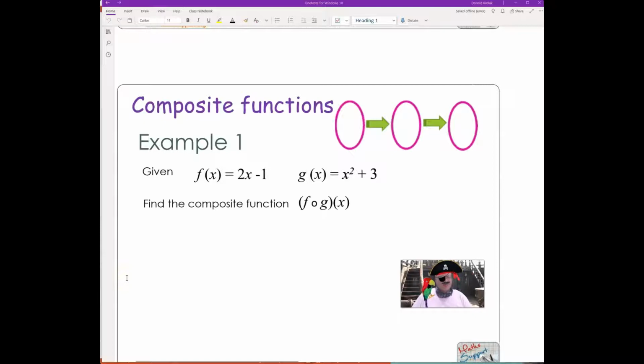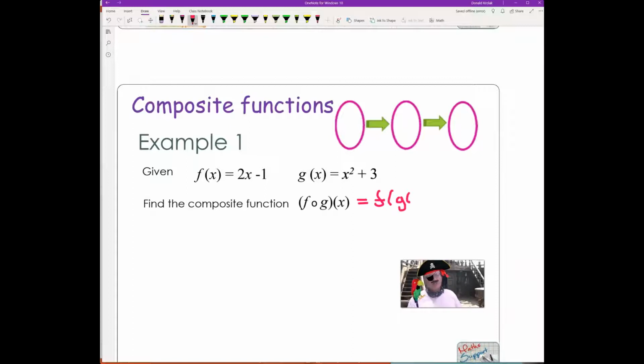Welcome back. Alrighty, let's take a look at how we're going to find composite functions. If we use our model from yesterday, this is telling us f of g of x, which is the same thing as f(g(x)).